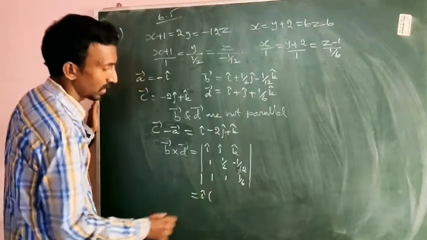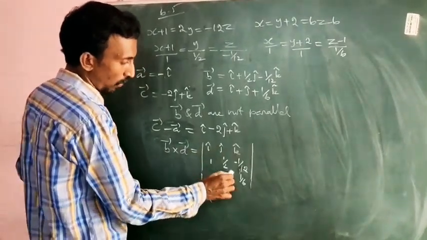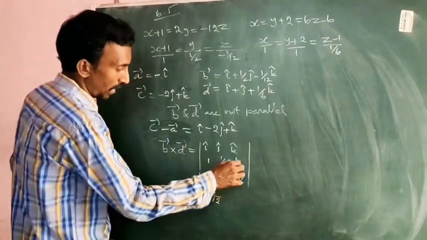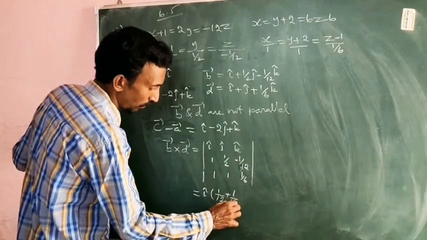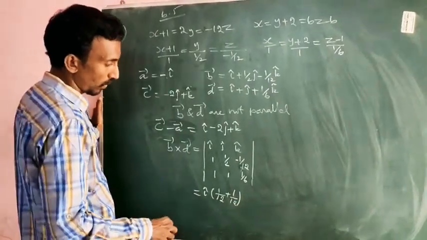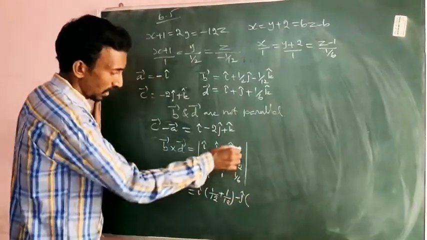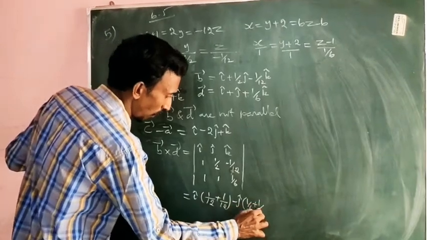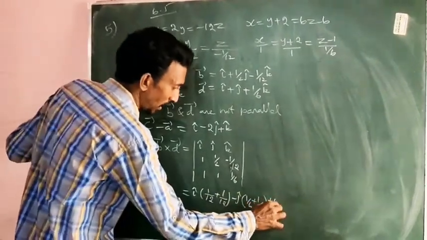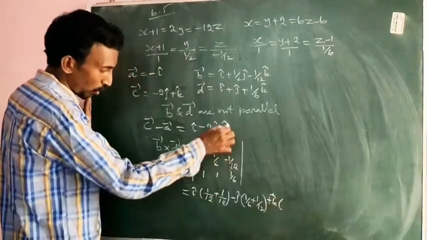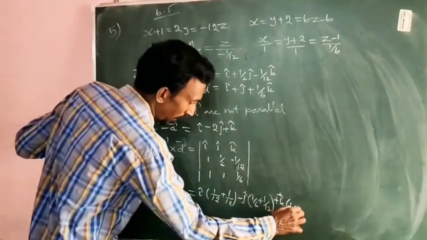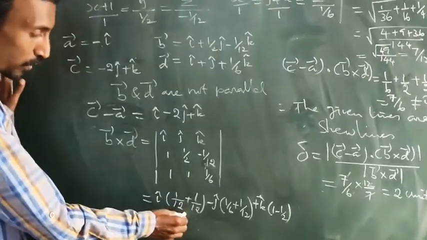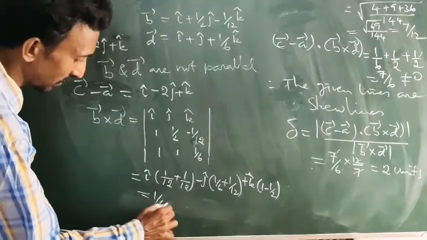So i vector into, delete that row and column, 1 by 2 into 1 by 6, minus 1 by 12 times 1 by 12, okay, 1 by 12 plus 1 by 12, minus j into, delete that row and column, 1 by 6 plus 1 by 12, plus k into, delete that row and column, 1 minus 1 by 2. So i into 1 by 12 plus 1 by 12, 2 by 12, that is 1 by 6. So 1 by 6 i.